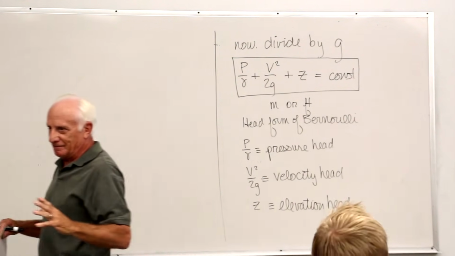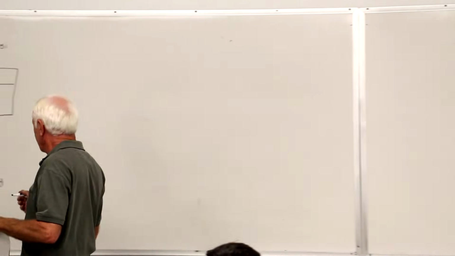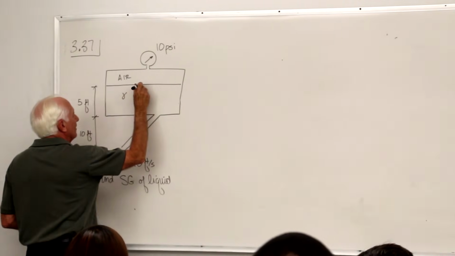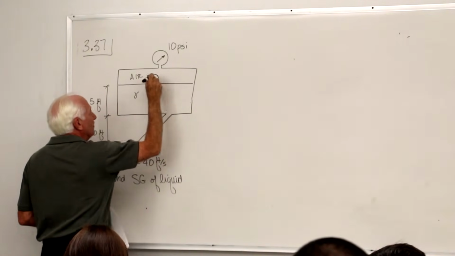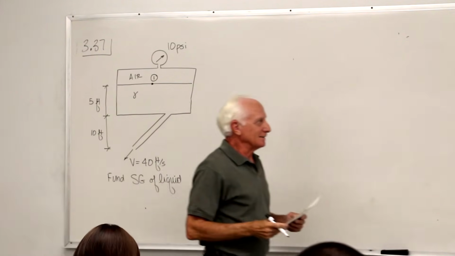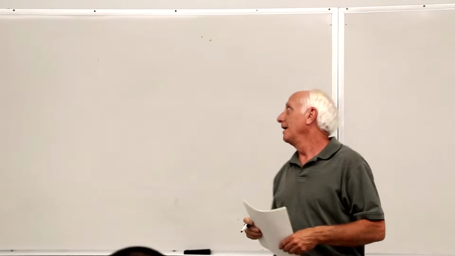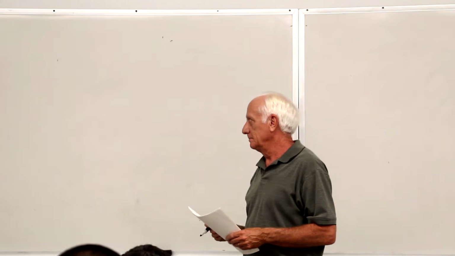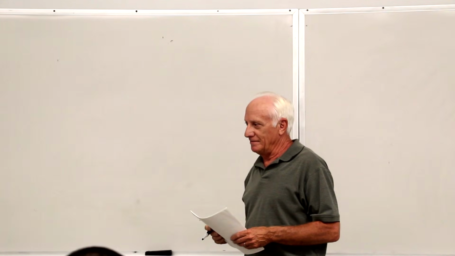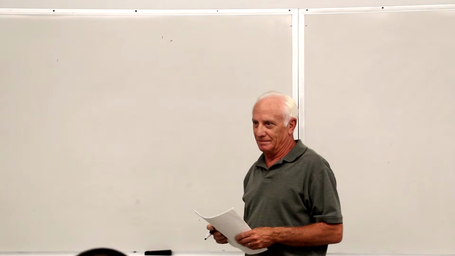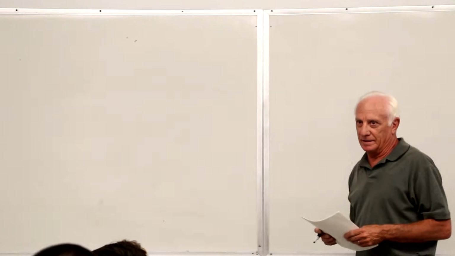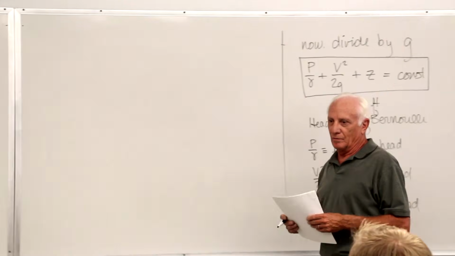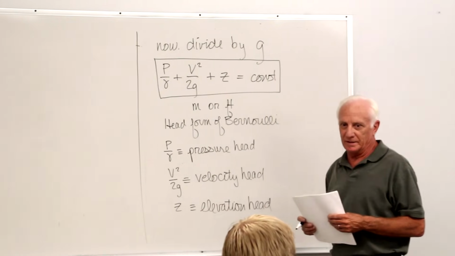And of course, I'm going to give you the obvious point first. I'm going to choose point 1 here. Why would I do that? Because I know what the pressure is. It's 10. I know what the velocity is. It's a free surface, 0. I know how far above the exit it is. It's 15 feet. That's how you decide where to put point 1, where you know the most information.